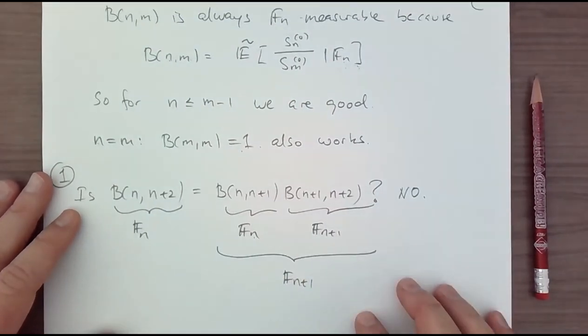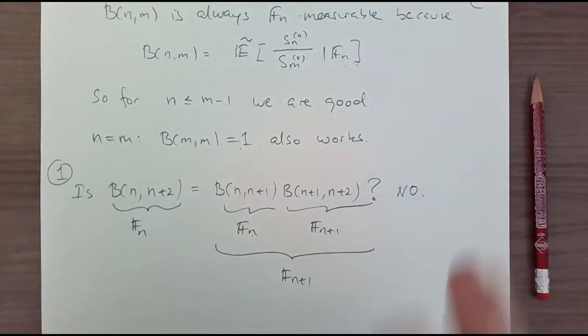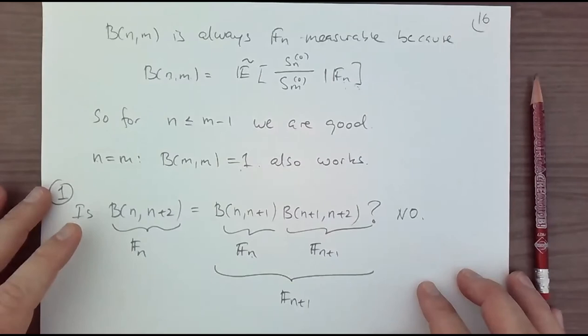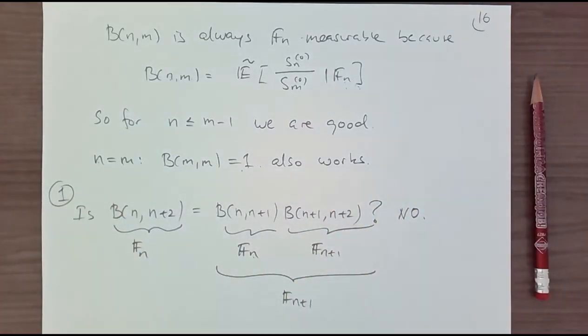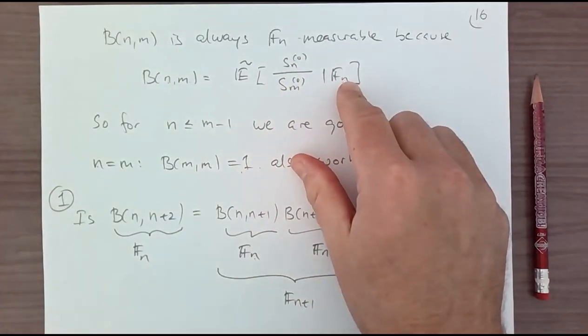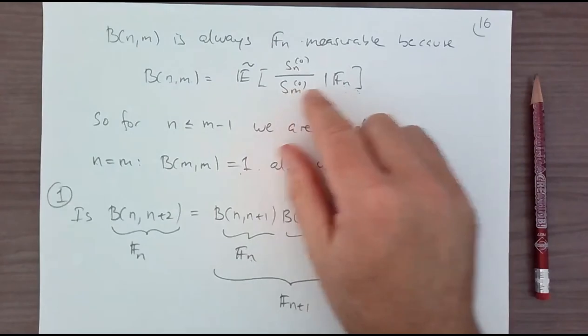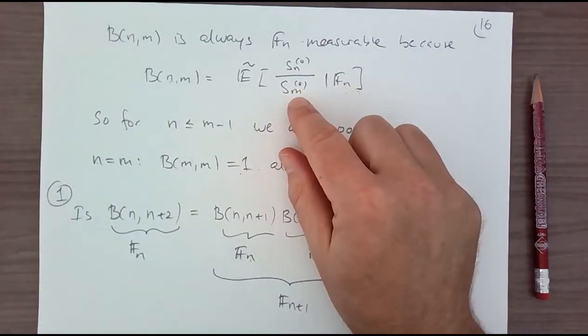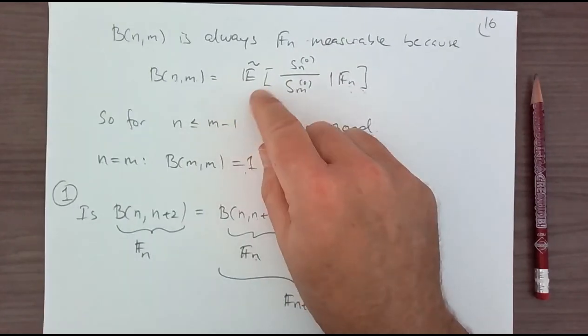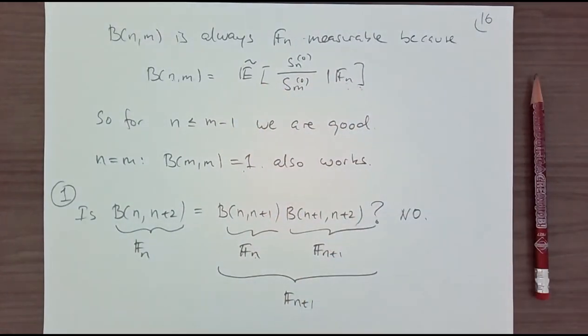So that's one reason to be a bit more careful with stochastic interest rates, because there's going to be randomness in places that didn't used to be random. So here you can pull out the top part because it's measurable, but you cannot pull out the bottom part, right? Because n is much smaller than m, and this is random, so it cannot go outside. That's not possible.